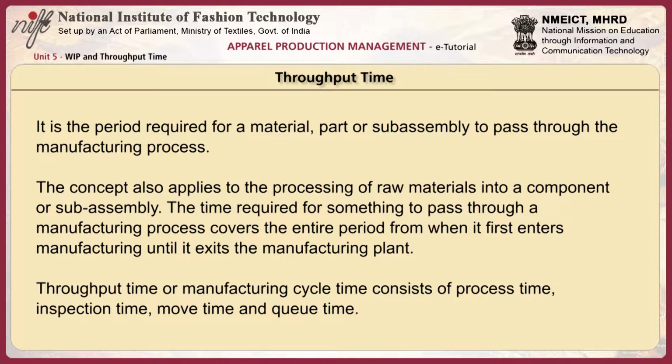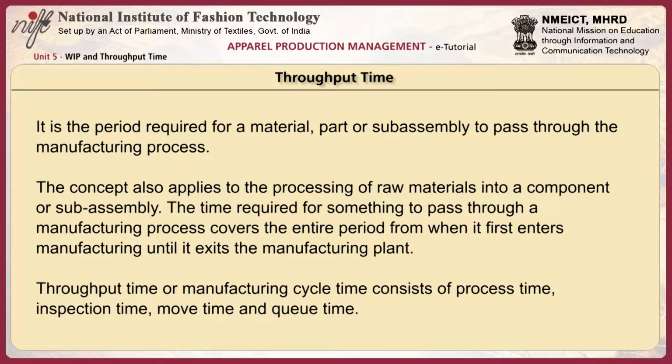I repeat, throughput time is the period required for a material, part or subassembly to pass through the manufacturing process. The concept also applies to the processing of raw materials into a component or a subassembly.